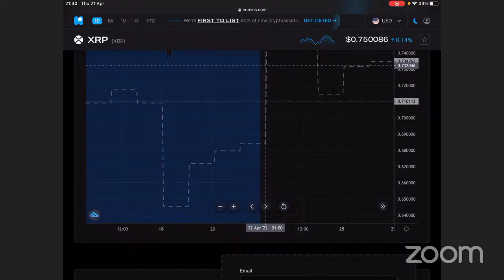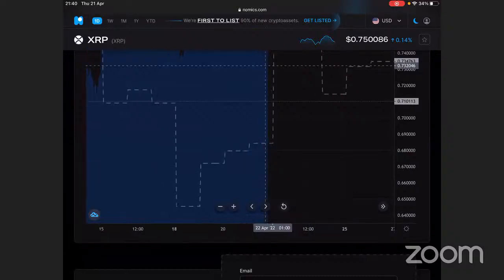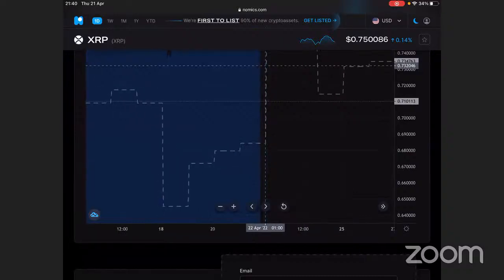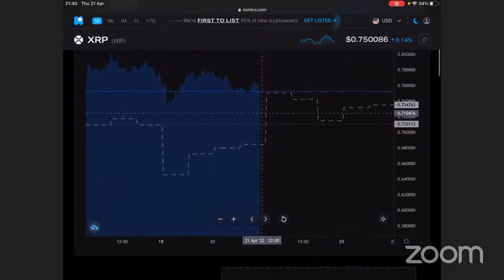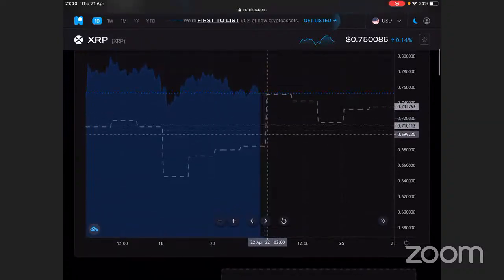Sorry guys, what is the date today? It's the 21st of April. So 22 April at 1 a.m., if I stay up, they are saying that XRP at exactly 1 a.m. is going to rise in value. Let me decrease the screen a little bit so we can see the whole screen.